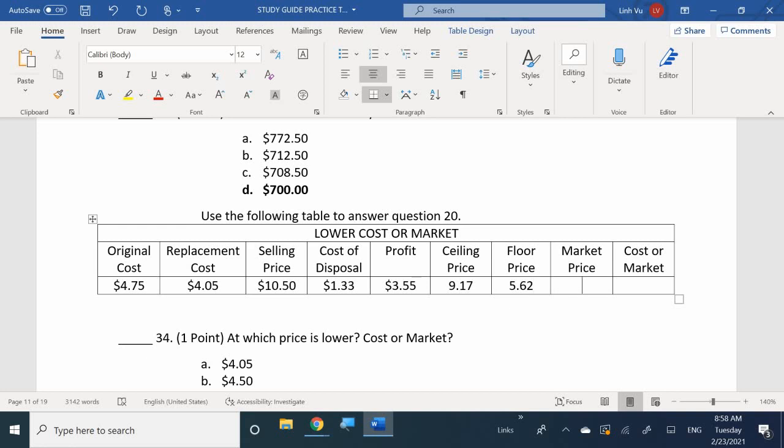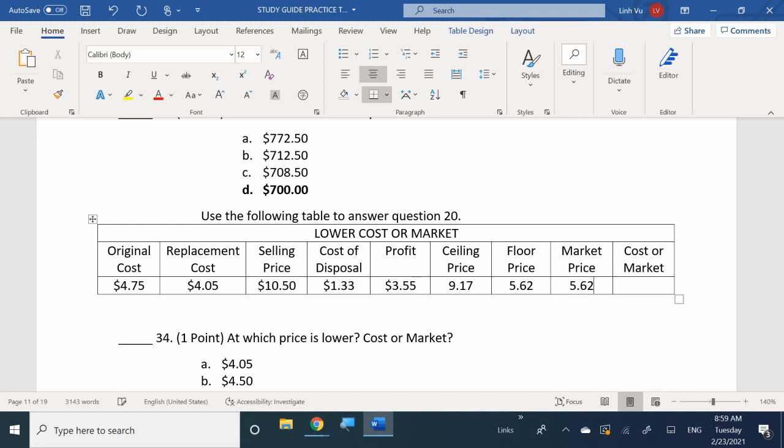We have 9.17 and 5.62, and our replacement cost is 4.05. So what is going to be my market price? It would be 5.62, because in this case, 5.62 is higher than 4.05.